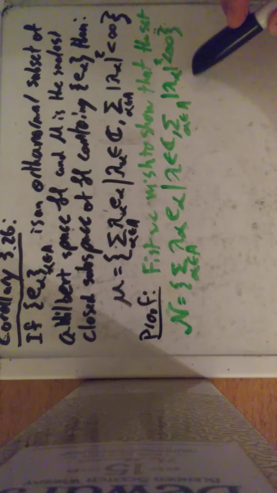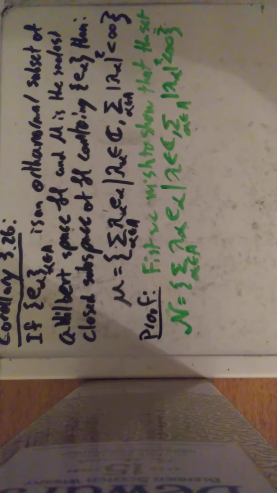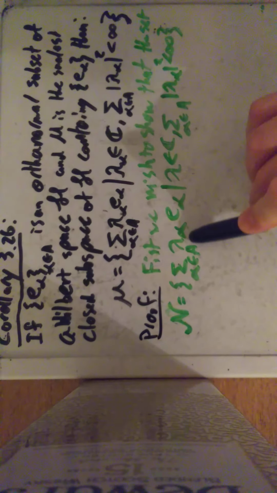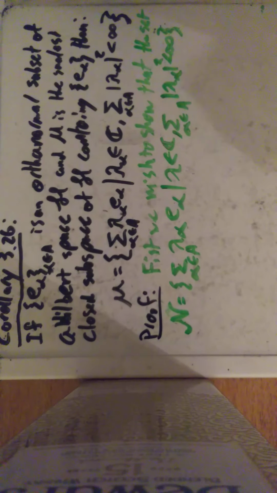You'll see here that in theorem 3.25 the requirement was that we were dealing with the norms of the vectors in our orthogonal subset. Whereas here, I don't have them. I have the coefficients on our orthonormal subset.